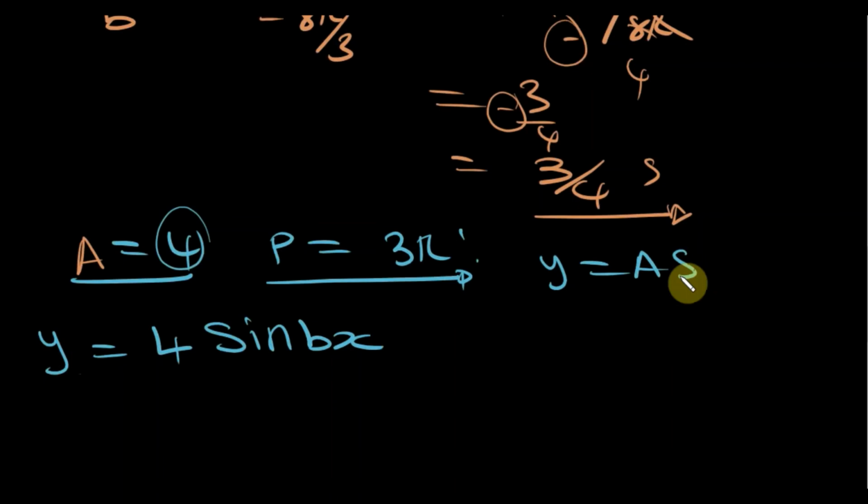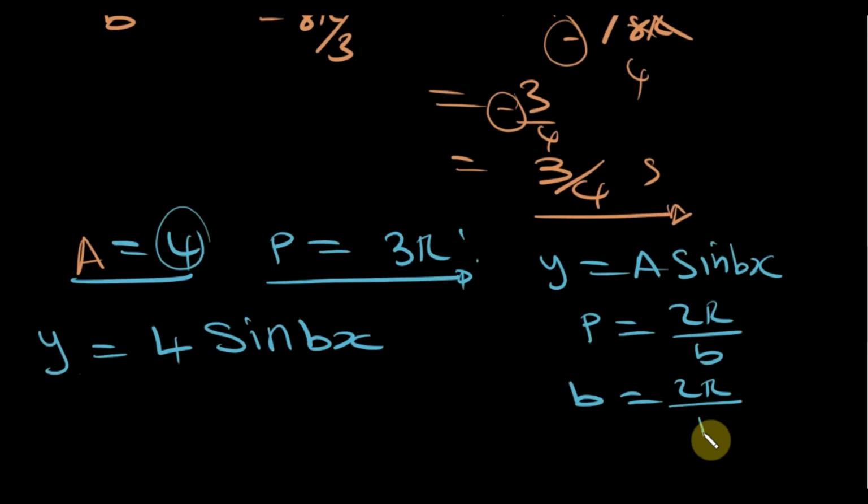What is our b? Well, you can find it from 2 pi over b. So b equals 2 pi over the period, which is 2 pi over 3 pi. Pi falls away, so we have 2/3 as our b.